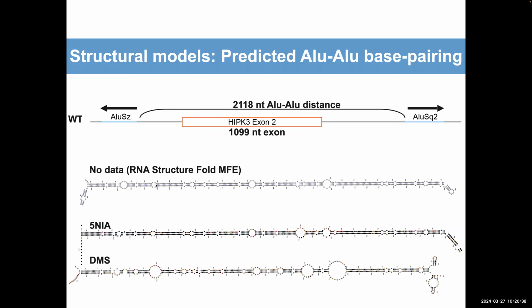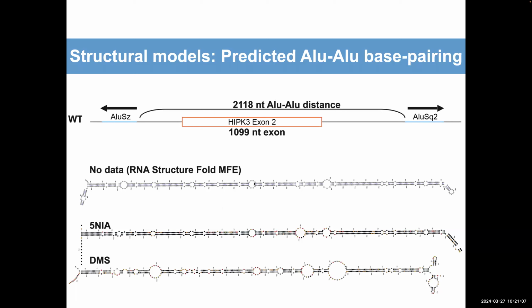What you generally see is that when you include data in the RNA secondary structure prediction, whether this is DMS or SHAPE data, there's less base pairing in the predicted structures. This is something that's well known about RNA structure prediction. But it does mean that if we just use thermodynamic models, it seems that we're overestimating the base pairing or the free energy of formation.